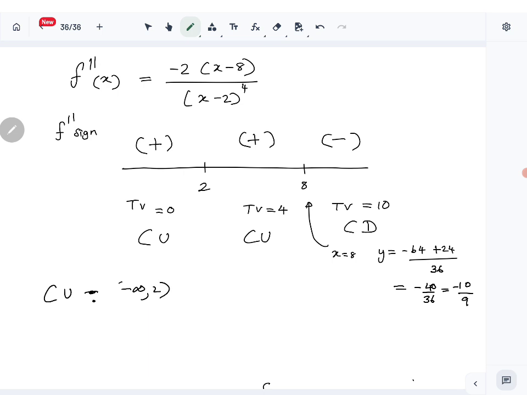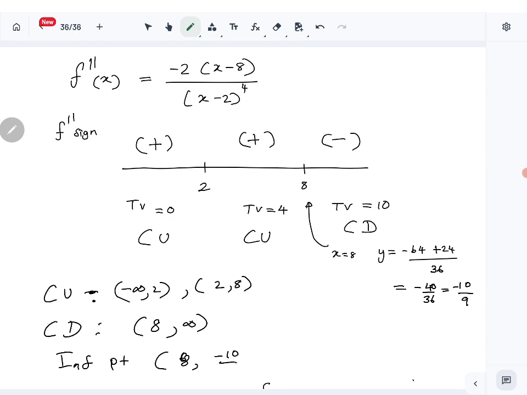Negative infinity to 2, 2 to 8. Concave down interval is 8 to infinity. And the inflection point is 8 comma minus 10 over 9. Right. Okay, so that's also done.